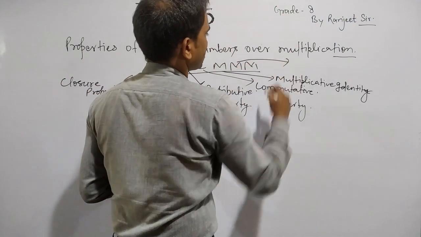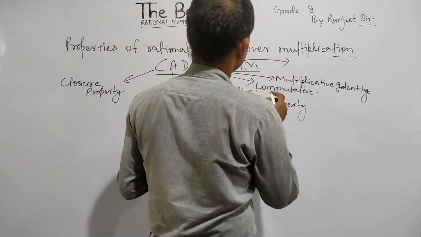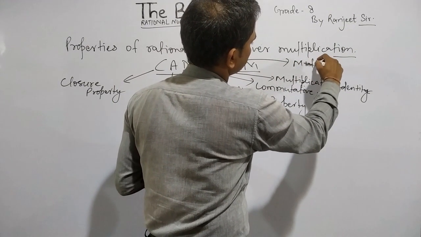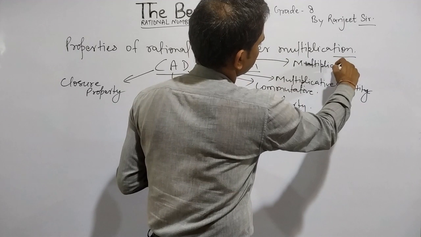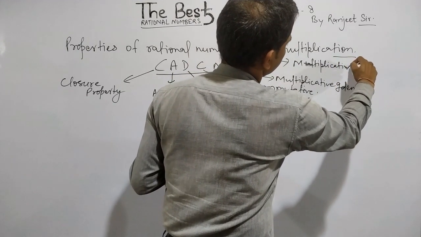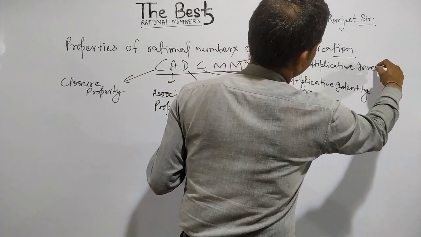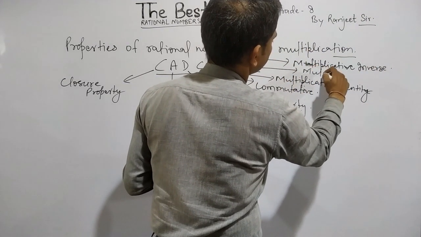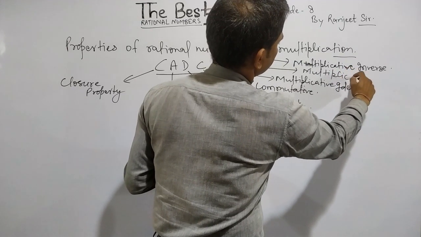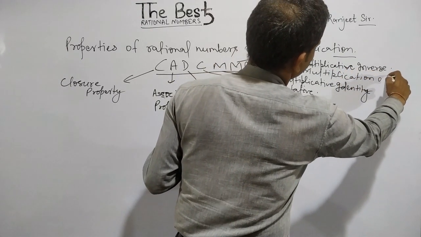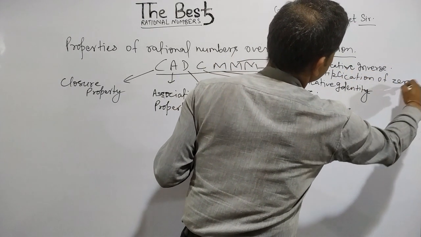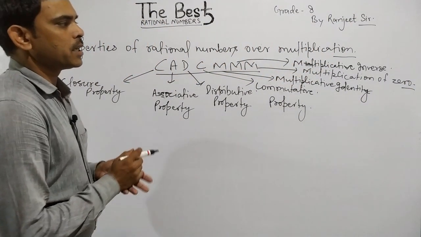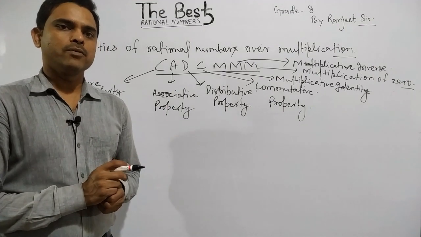This one is multiplicative inverse. And one more is there, that is multiplication of 0. So all 7 properties with an example I'll try to explain in brief only.